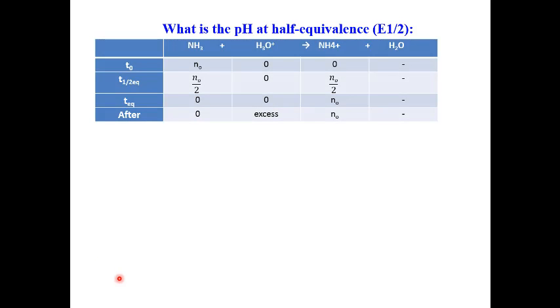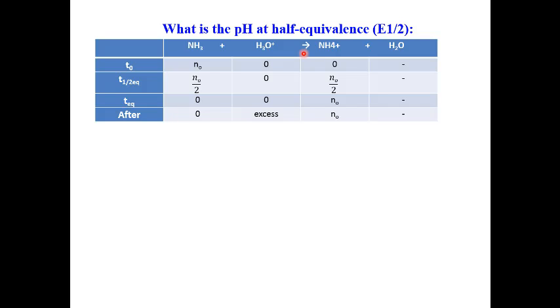Now, what is the pH value at the half equivalence point? Here is a table that shows the composition of the medium initially. Don't forget that this is a complete, total reaction. It means we have to deal with it as we dealt with chemical reactions in grade 10, grade 11, and even grade 12.